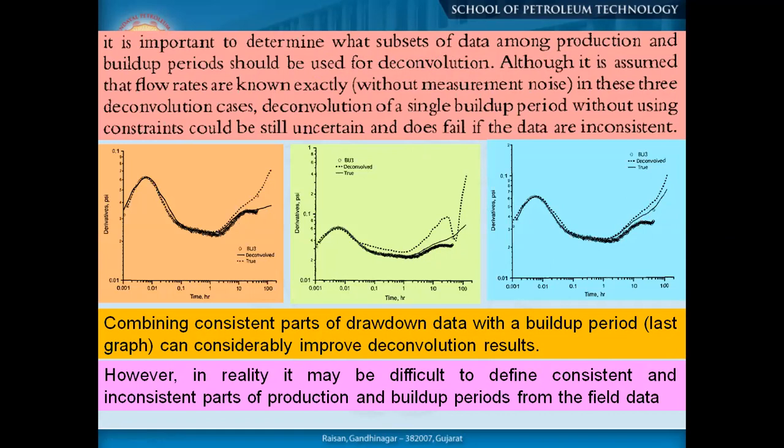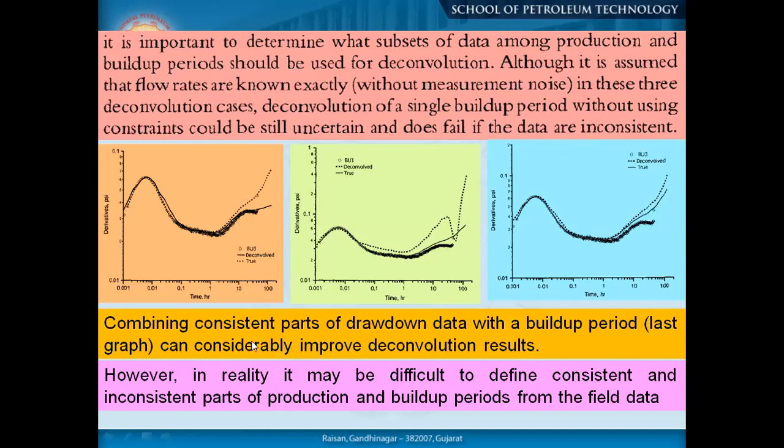Although it is assumed that flow rates are known exactly without measurement noise, in the deconvolution case, deconvolution of a single build-up period without using constraints could still be uncertain and thus fail if the data are inconsistent. So you can now get the idea of how we deconvolve our test, and particularly the flow rate data, for getting the information right for the system.